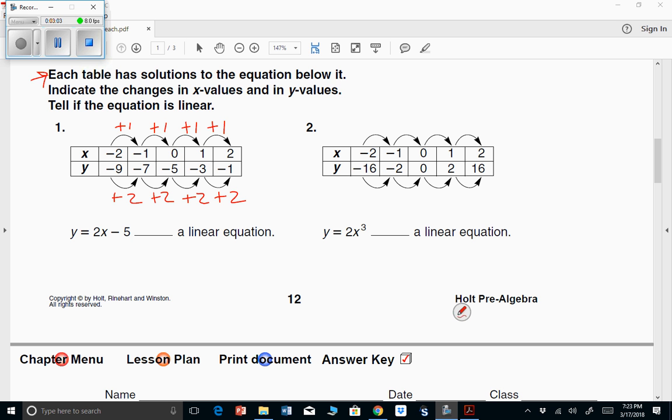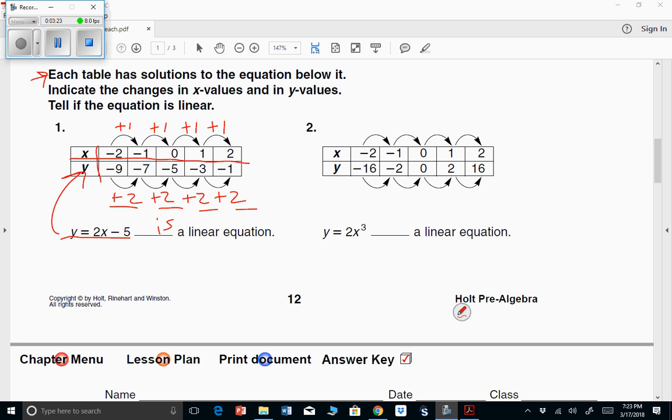Okay, so that actually also is constant, and therefore this equation y equals 2x minus 5, that's what we would use to generate these. It's basically a t-table on its side. So that is a linear equation.